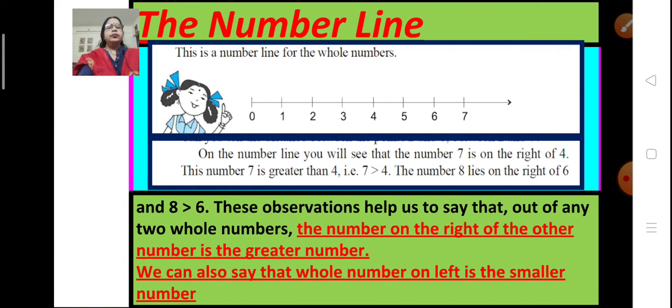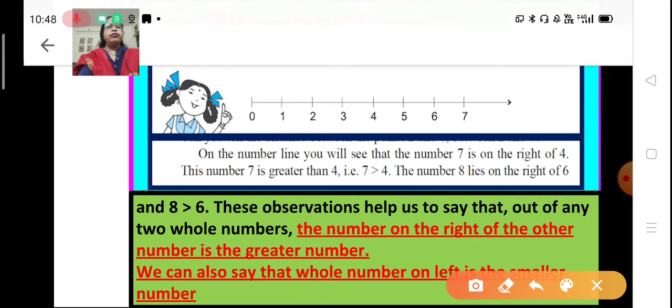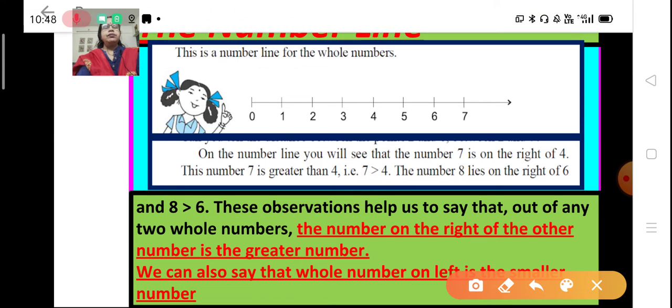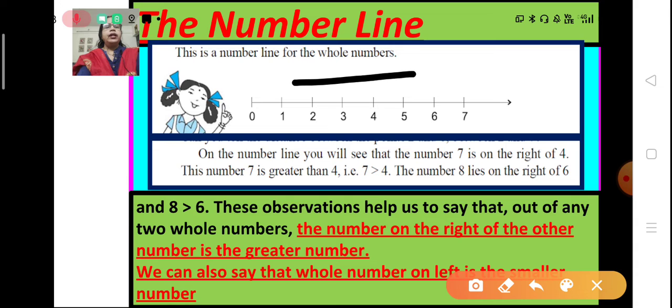Now, the number line. We have studied the number line of whole numbers in the chapter. Now, let us revise it once again. Here you can see the number line, and the numbers are whole numbers. They start from 0, and as we move towards the right in the number line, the numbers increase.